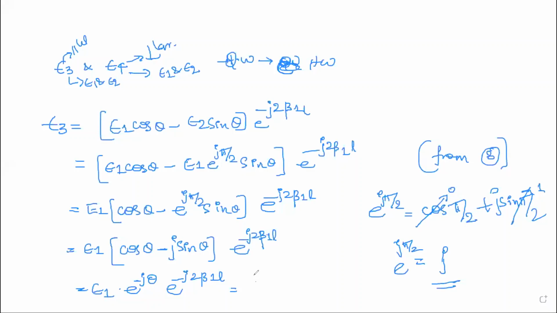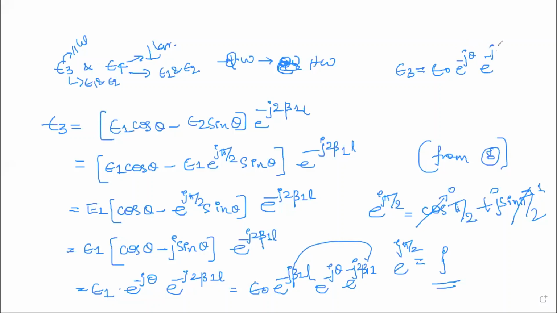From the first equation, E1 is E0 into e power minus j beta 1 L. So this is e to the power minus j theta, e to the power minus j 2 beta 1 L. You can see these are the same parameters, so I can write E3 as E0 e to the power minus j theta, e to the power minus j 3 beta 1 L. This is the final equation of E3. You can take this equation as 4. Any confusion still here?